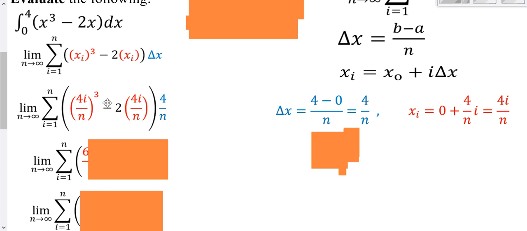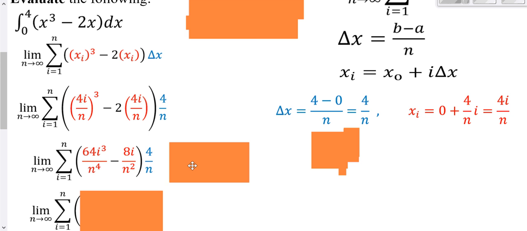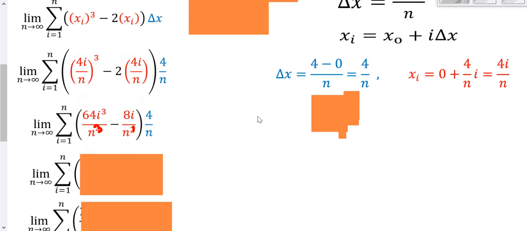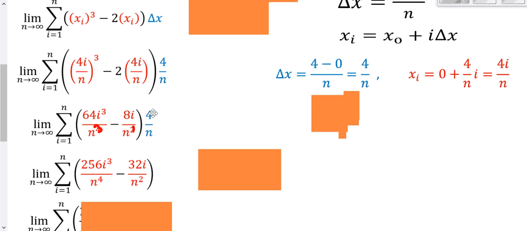We cube the top, cube the bottom, get 64i cubed over, oh, I see we got a typo here. So this should be over an n cubed. And this should be over an n to the first. So now we could go ahead and distribute that in. And so your n times n cubed is your n to the fourth. Your n times n to the first is n squared.